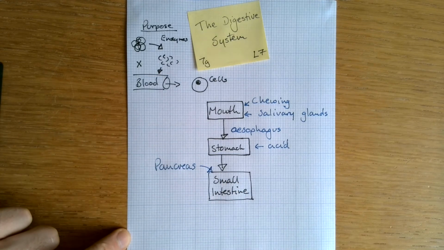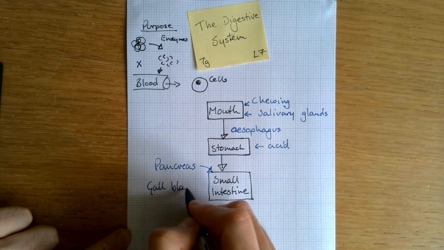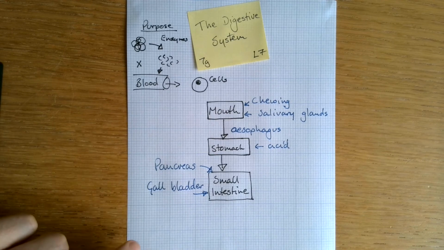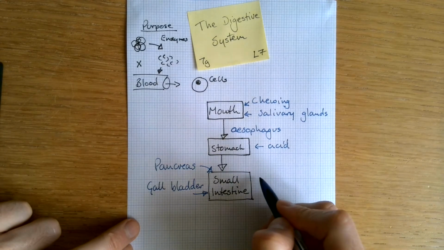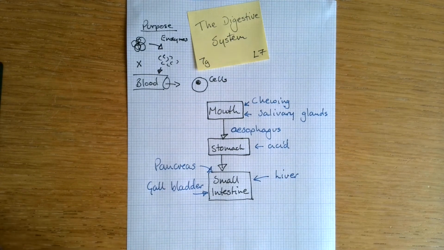That's involved in digestion. We also have the gallbladder that helps with the breakdown of fat molecules, and we have the liver as well, which is a very complex organ involved in many chemical reactions, but also involved in the digestive system. And all of these link in at the beginning of the small intestine.